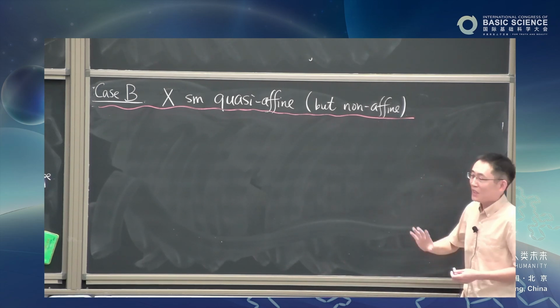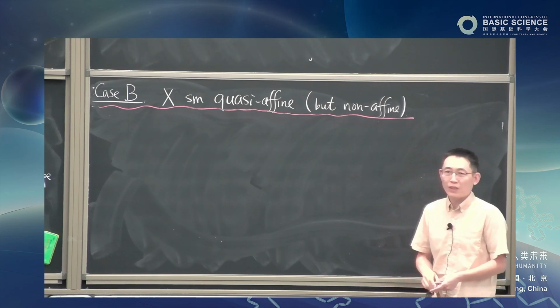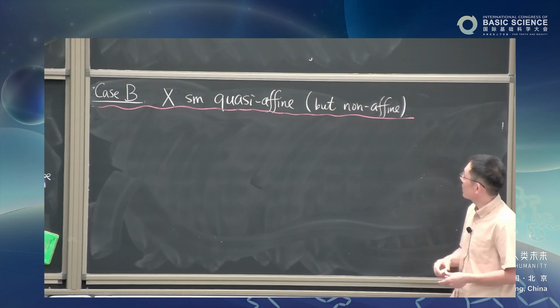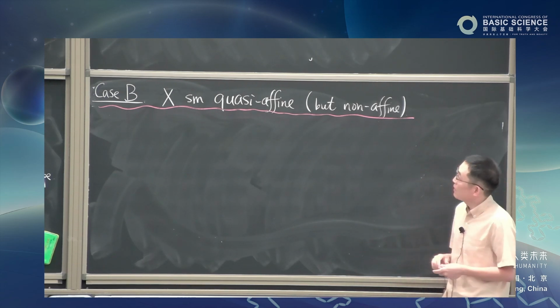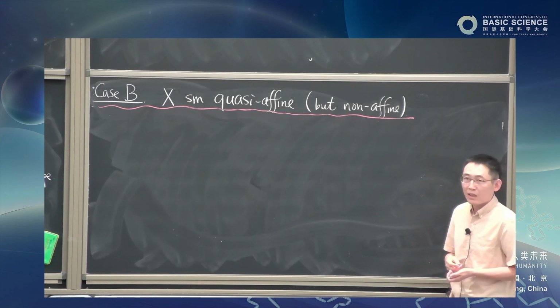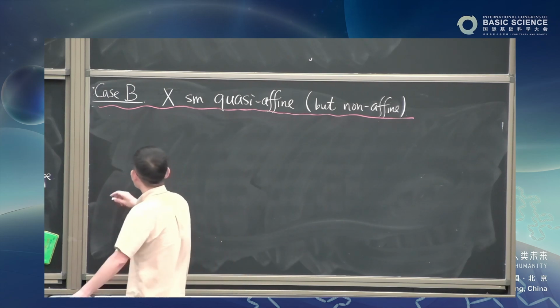I think it's not so common for algebraic geometry to deal with quasi-affine varieties. Usually we deal with affine varieties or projective ones. But in this case, this is very interesting. Why?